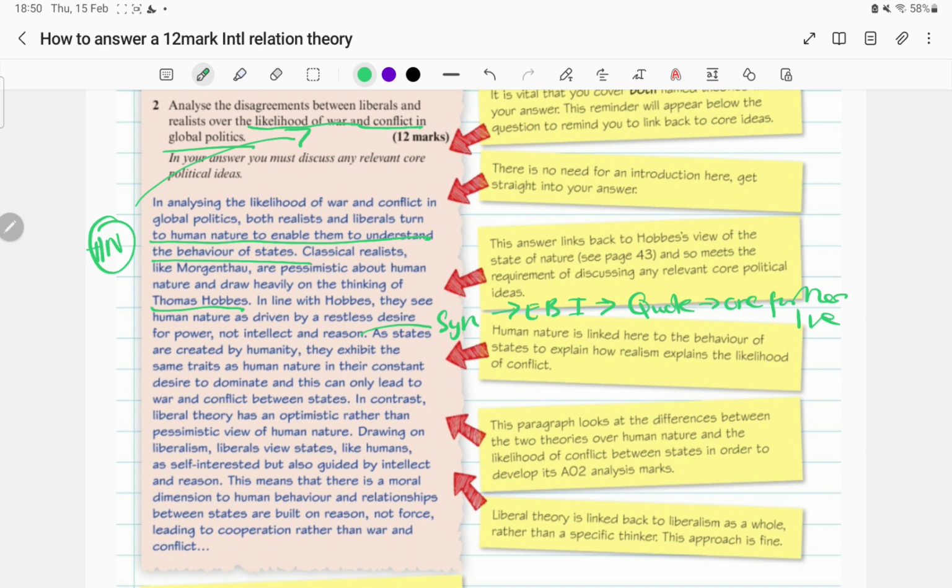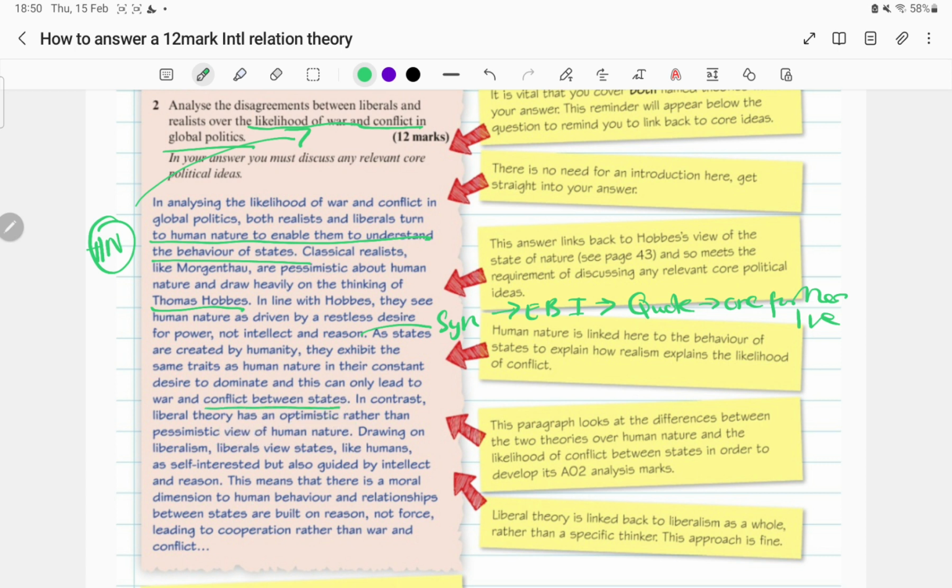As states are created by humanity, they exhibit the same traits as human nature and their constant desire to dominate, and this can only lead to war and conflict between states. Therefore, this is what they believe, and this is because of their belief in human nature. This is the implication. We are going to have conflict between states.